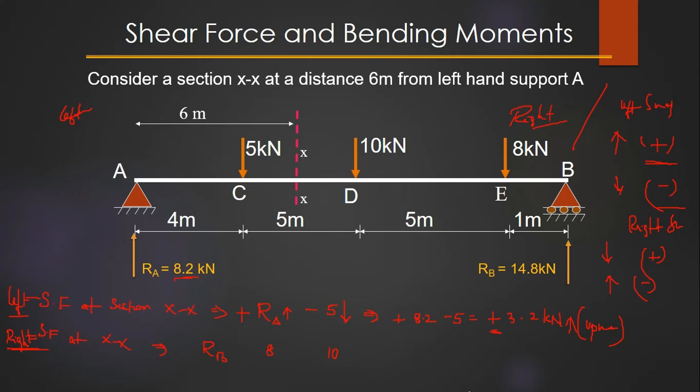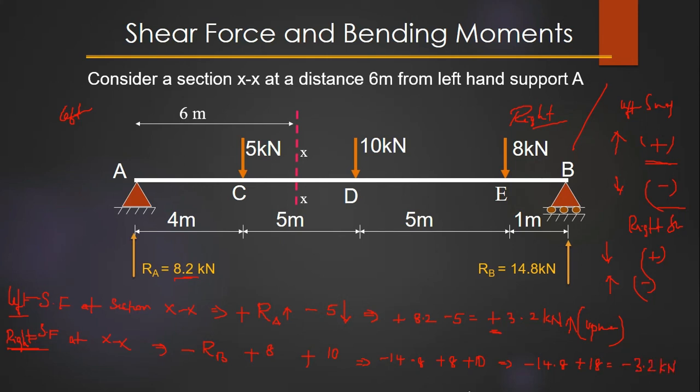This is the right side, so downward is positive. So 8 and 10 are downward, so these two are positive forces and RB is negative. Therefore, you get minus 14.8 plus 8 plus 10, which is equal to minus 14.8 plus 18, which is equal to minus 3.2 kilonewton.